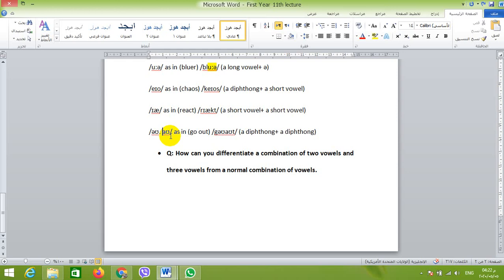So how can we differentiate two vowels, I mean diphthongs, and three vowels, we mean triphthongs, from normal combinations of vowels, as the examples we have just given? So how can we tell for sure that this is a normal combination of vowels while this is a diphthong or a triphthong?